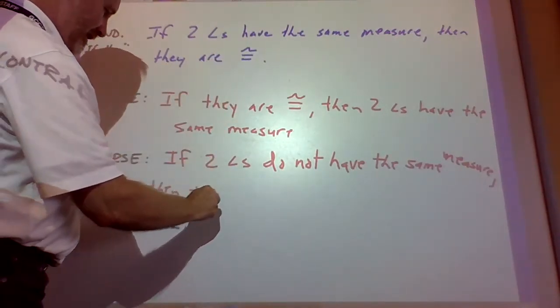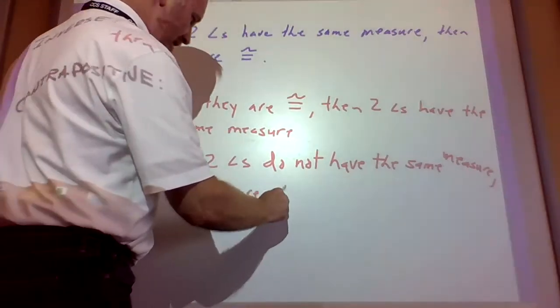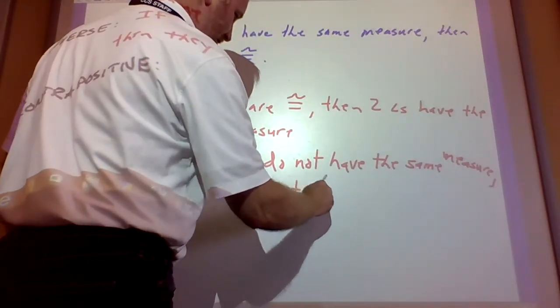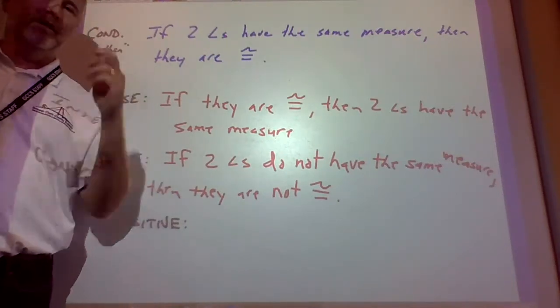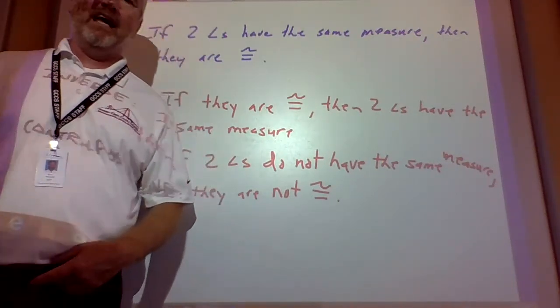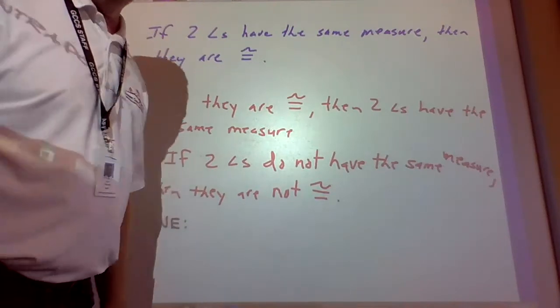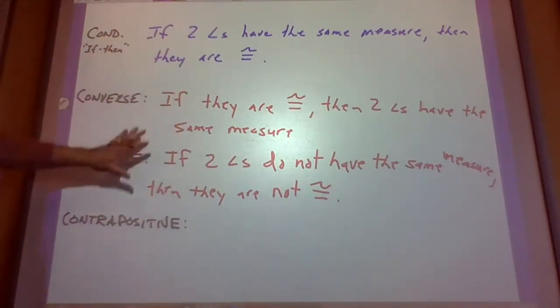Bam. And the last one, if you can do the contrapositive, you've got this down, because that's the hardest one there is, because you're doing both of these at the same time.